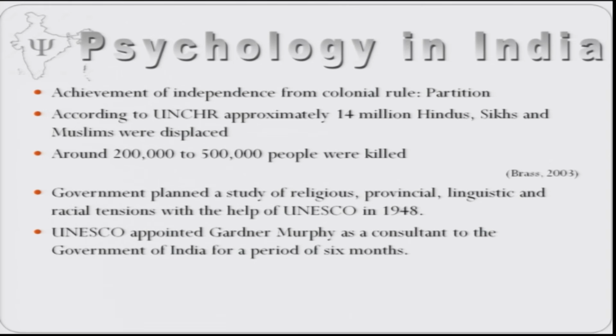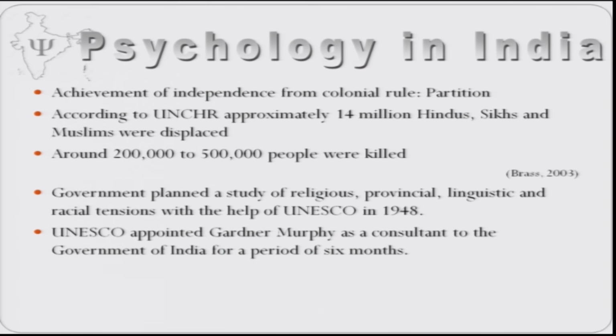Along with independence came a big divide, the partition of India into India and Pakistan. According to the UNHCR report, Brass has estimated that approximately 14 million Hindus, Sikhs and Muslims were displaced, and somewhere between 2 lakh to 5 lakh people were killed in this process.